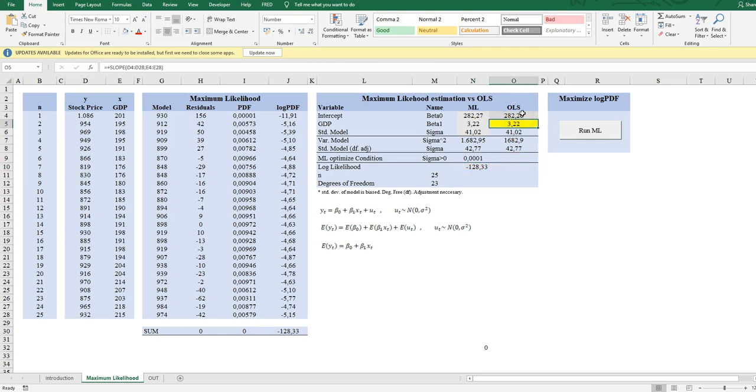And then just note that all estimates here are unbiased predictors of the true variable, and with the degrees of freedom adjustment, also the standard deviation of the sample here is an unbiased predictor of the true standard deviation.